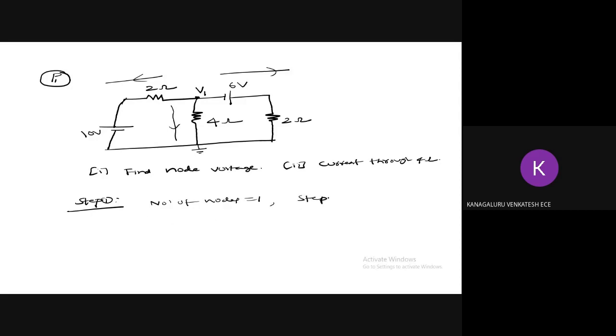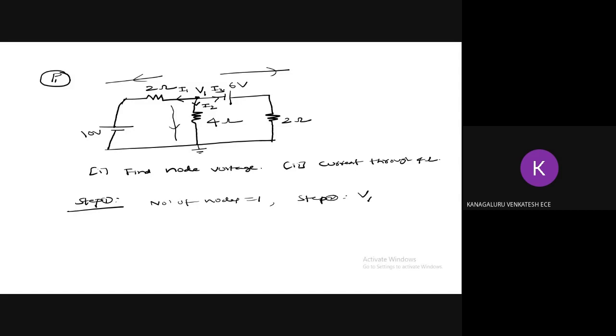So number of nodes equals 1, and in step 2 we assumed the node voltage is V1. Step 3, what am I supposed to do? Apply KCL first and then Ohm's law. For every branch, I'll assume a current. This branch I'll assume current I1, this branch I2, and the third branch I3.